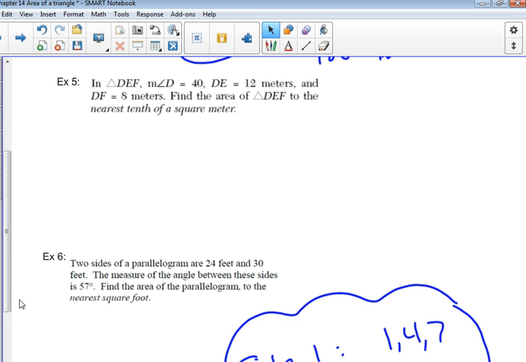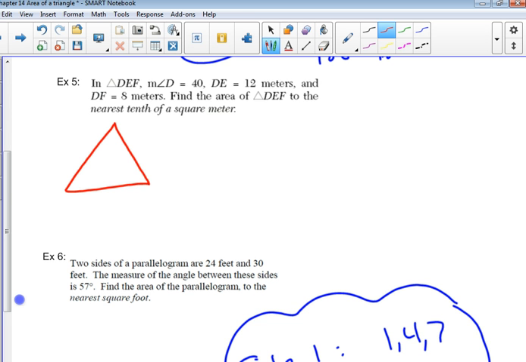That's two places after the decimal. Anthony, what's the answer? 30.9.